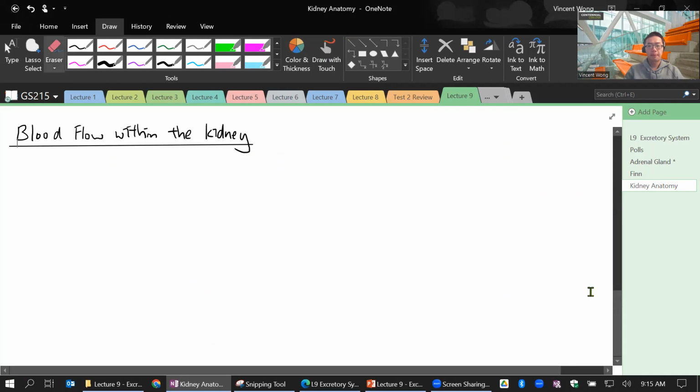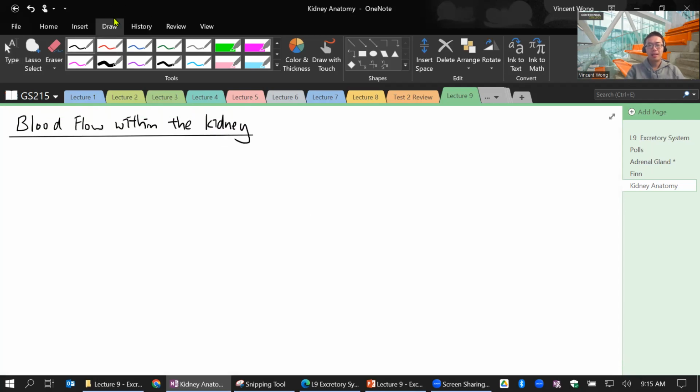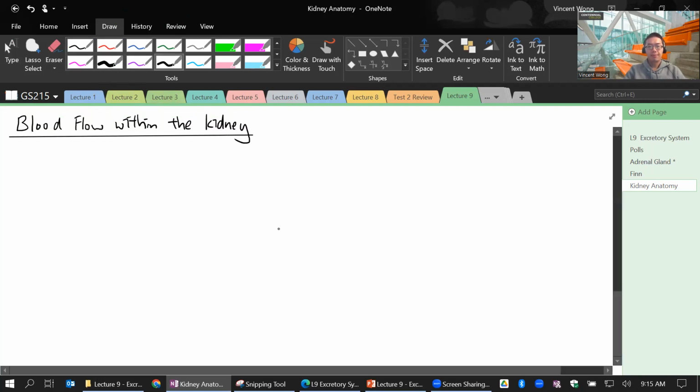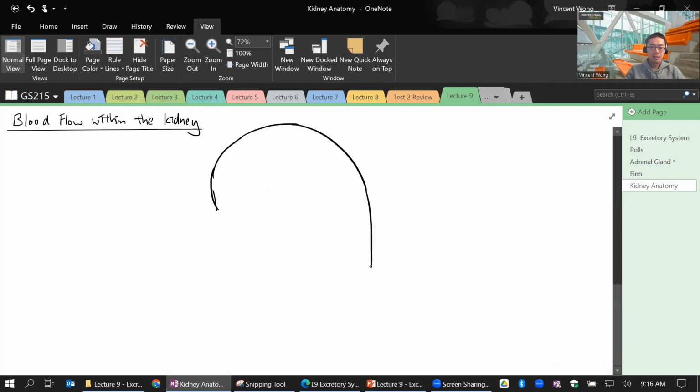All right. And for this, I recommend having two colors, two highlighters probably, to alternate between. You see what I mean. So let's draw our kidney again. I always end up using more and more space on this app.